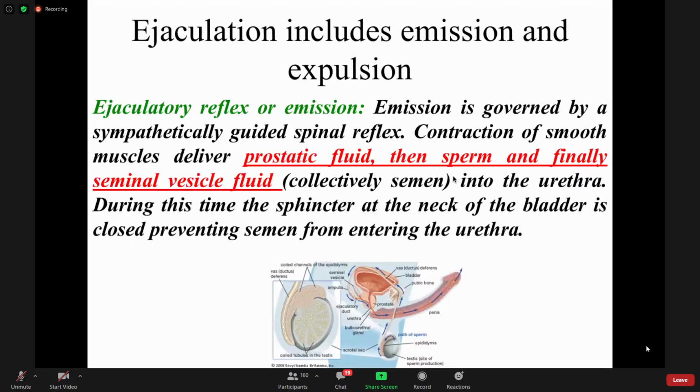So during the ejaculatory reflex, we have the delivery of fluids in the ejaculatory duct, starting from the prostatic fluid, then sperm, and finally the seminal vesicle fluid. All this activity, however, before the ejaculatory reflex or the emission, if you may say, is preceded by the secretion of lubrication by the bulbourethral gland or the Cowper's gland.